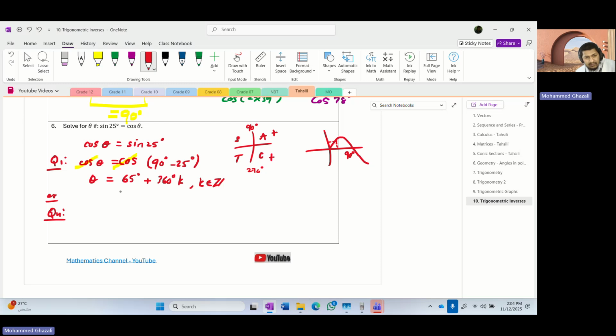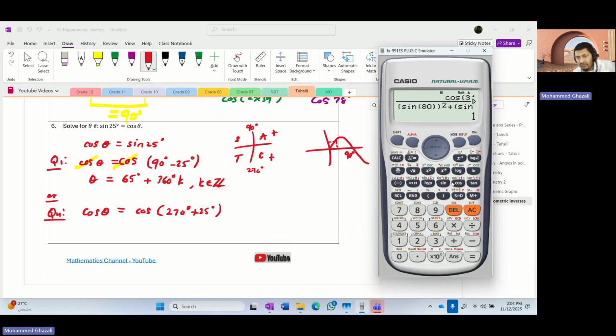The quadrant 4 solution will give me, so this is your general solution, cos theta equals cos of 270 plus 25. Remember sine of 25 is 0.4226. And what is cos of 270 plus 25? Is it the same result?